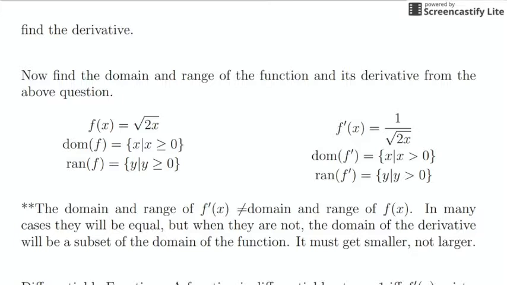Just bear in mind that the domain of the derivative will technically be a subset of the domain of the original function. It's got to get smaller, not larger. It cannot be defined in places where the original function is not defined. Near the very end of this course, this issue is going to come back up again. We're going to have a little bit of chat again about how that works.